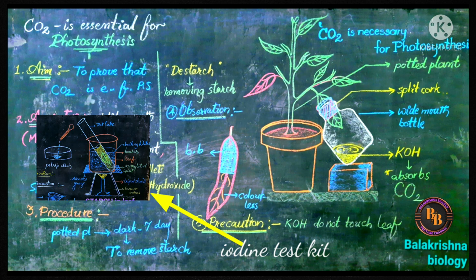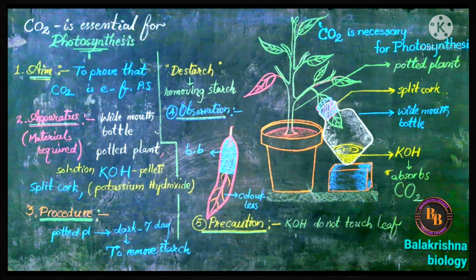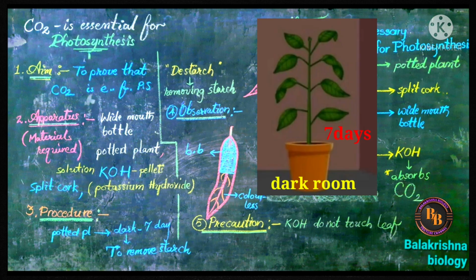Next we go to the third step in our experiment, that is the procedure. Before doing this experiment we have to keep this potted plant, which has long and narrow leaves, in the dark for 7 days. Why do we keep this potted plant in the dark for 1 week?